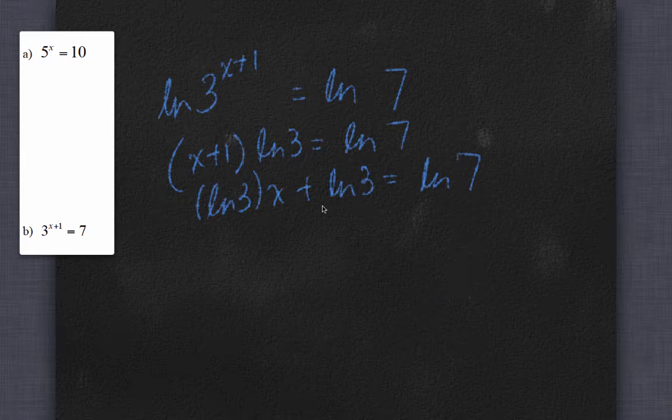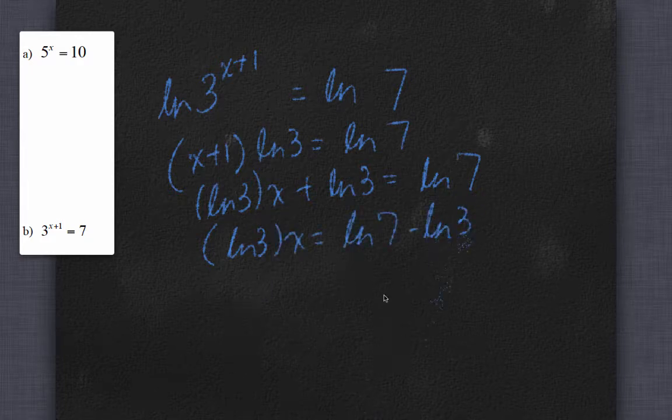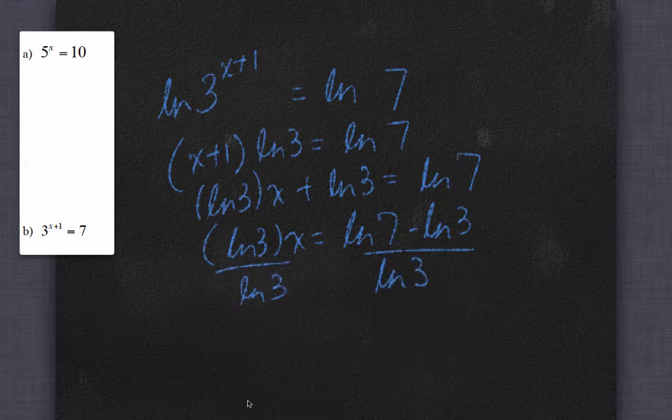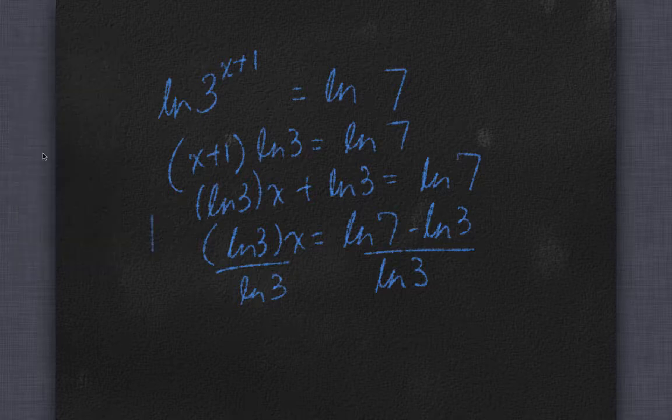These are all just numbers, so I'm just going to subtract that one. And then I'm just going to divide by the number next to x. Okay? And then you just put that in your calculator, and it's a mess. Well, you may put it in the calculator depending on how you're asked for the result.